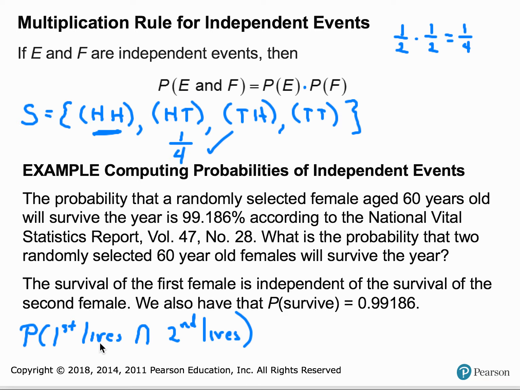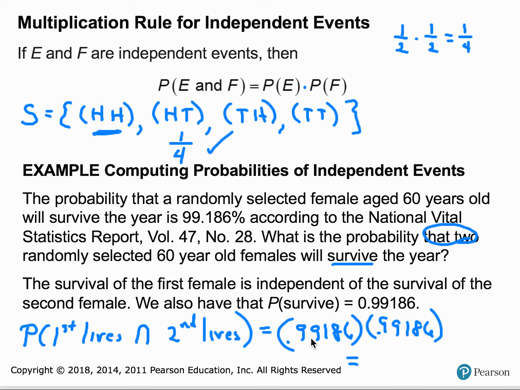The probability that the first one lives and also the second one lives, that's the same thing as saying that both of them survive. Here's the probability that the first one survived times the probability that the second one survived. So let's multiply that together.